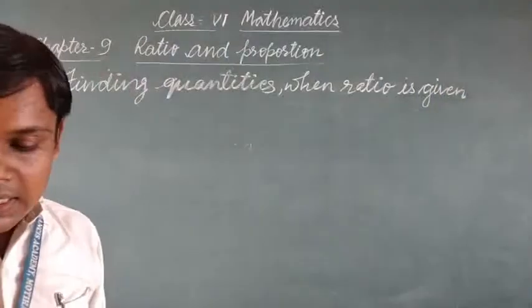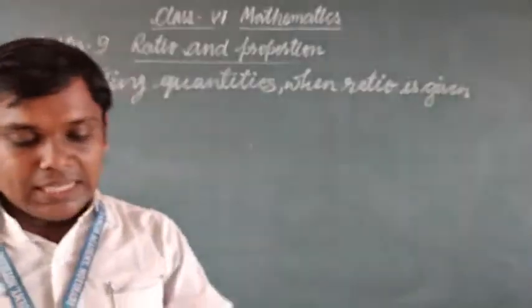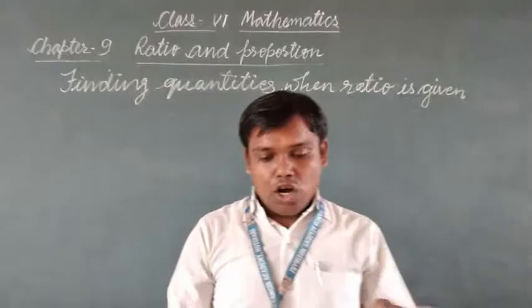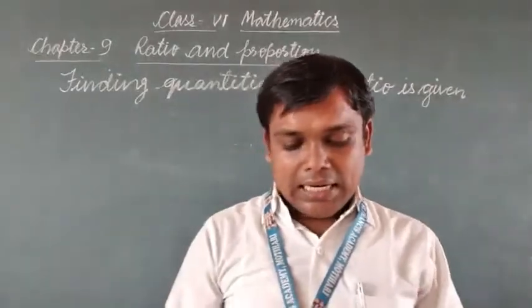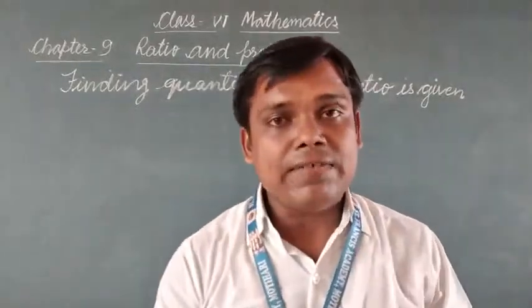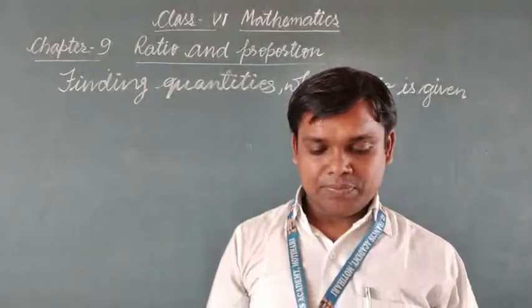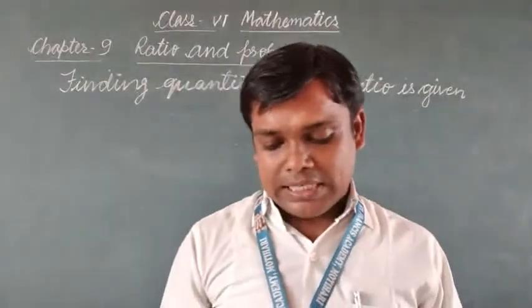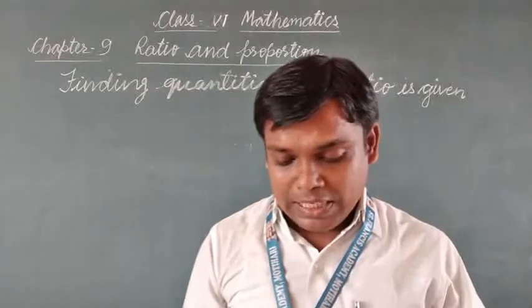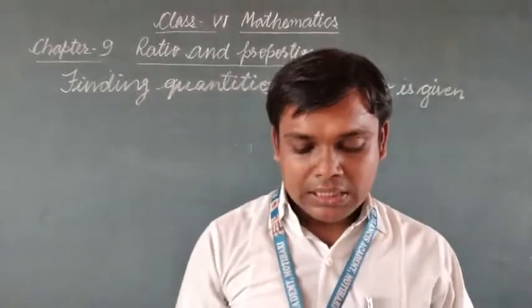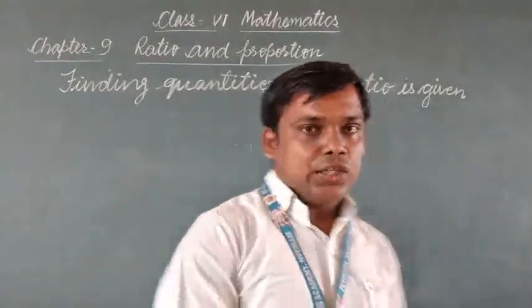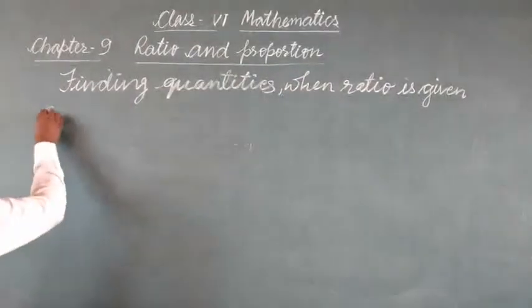Take an example. The ratio of Sunita's weight and her mother's weight is 7:12. If Sunita weighs 35 kg, how much does her mother weigh? So we will see the solution.